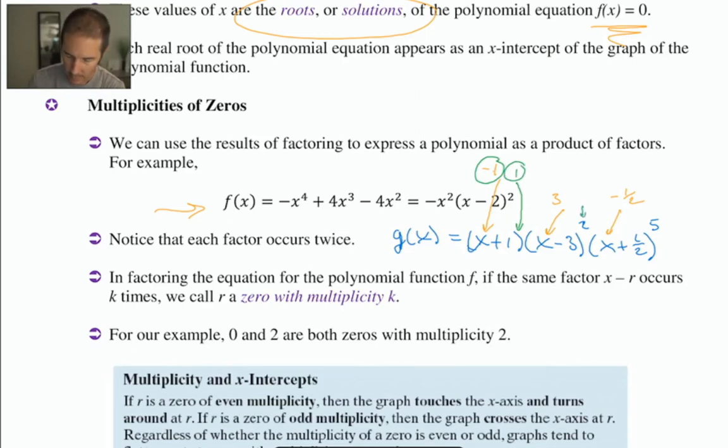This, however, this factor of x minus 3 has an exponent of 2. So we say that the 0 of 3 has multiplicity 2. And to the right of that, the 0 that is -1/2 has a multiplicity of 5.